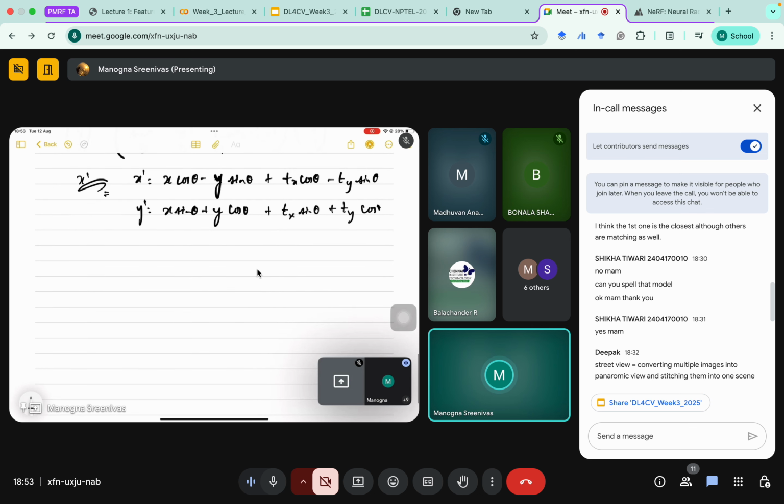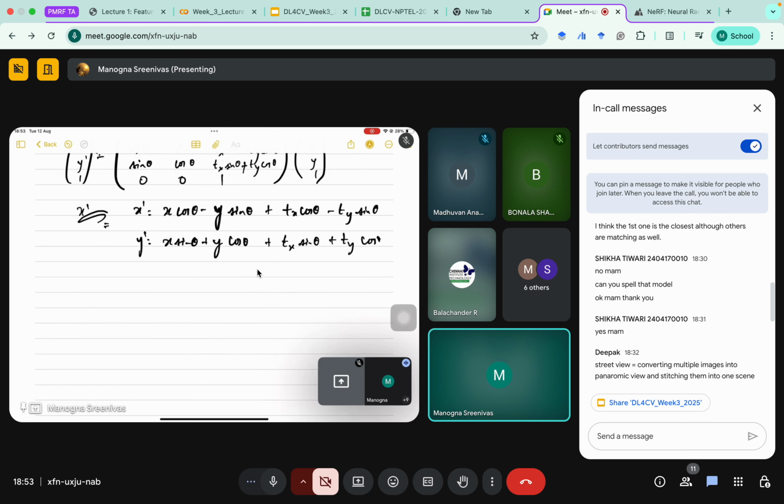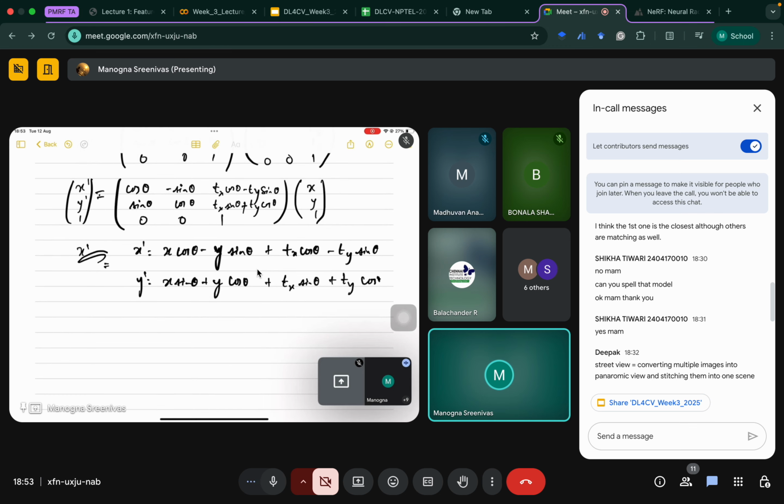But what I actually want is just the rotation. When I'm doing just rotation, I get this part, right?